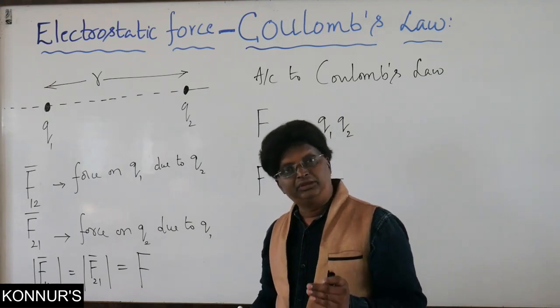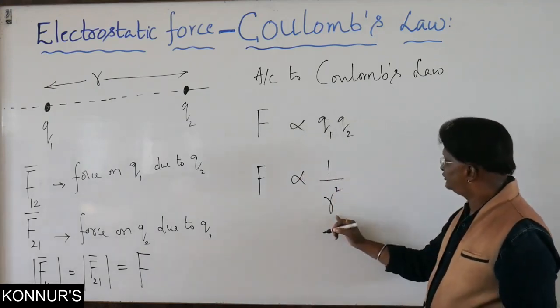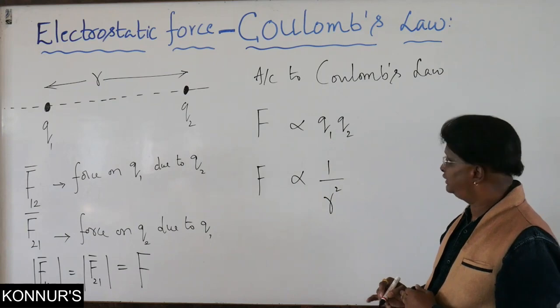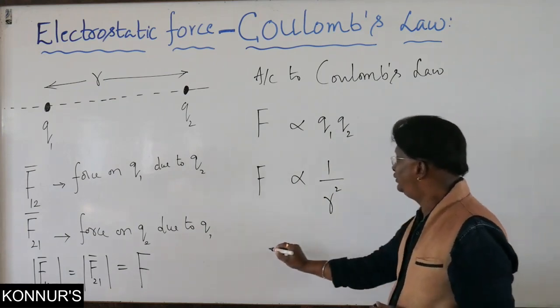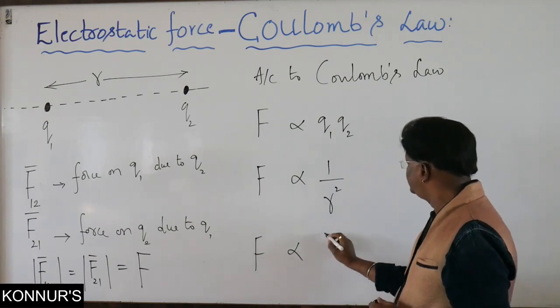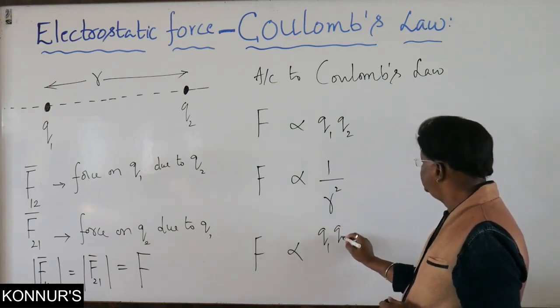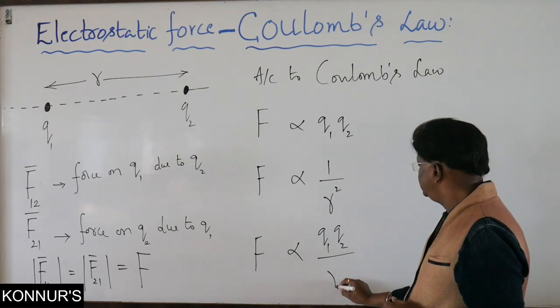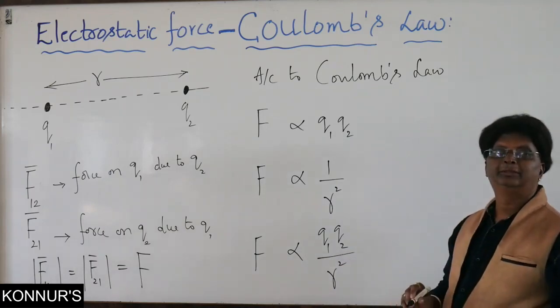Coulomb's law is an inverse square law because of this relation of force and distance. Now we combine these two relations and write F proportional to Q1 Q2 by R square.